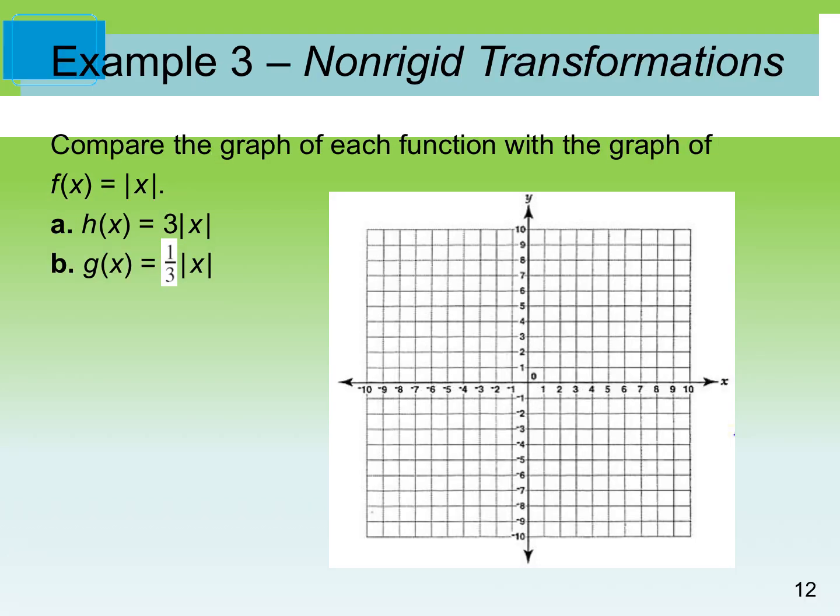Example 3, we want to compare the graph of each function with the graph of the absolute value of x. The absolute value graph is a V shape. So it'd be a V shape looking like this. Now if we multiply by a number more than 1 on the outside, what type of transformation do we have here?